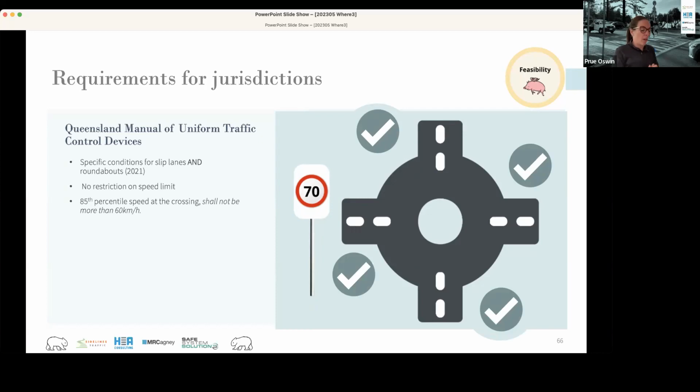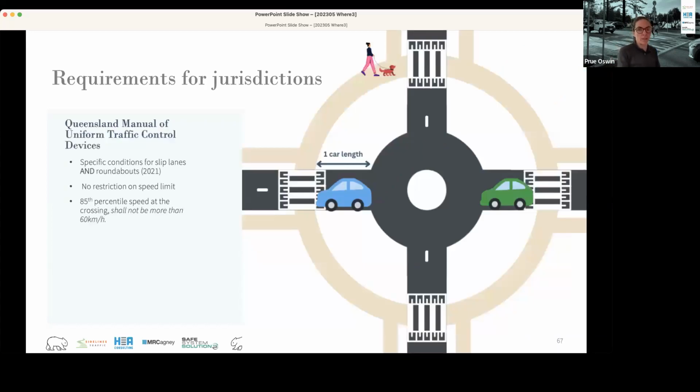That is now something that has evolved. What we do look at in that situation is we still need to make sure that the 85th percentile speed at the crossing should not be more than 60 kilometres an hour. When I'm assessing this kind of work, I look at what the speeds are at the moment, and then we can count on taking approximately 20 kilometres an hour off.